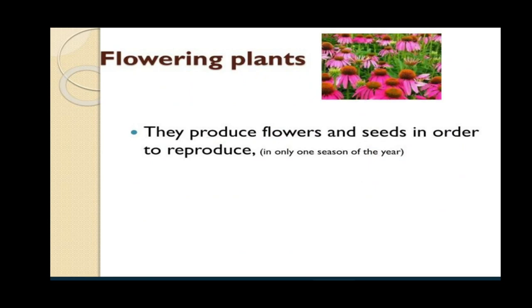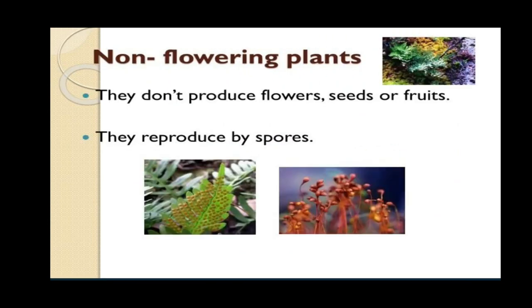So the examples of flowering plants are your mango, neem, rose, sunflower, grasses. They are examples of flowering plants because they bear flowers. Whereas non-flowering plants like mosses and algae or fern or mushrooms do not bear flowers. They reproduce through spores.